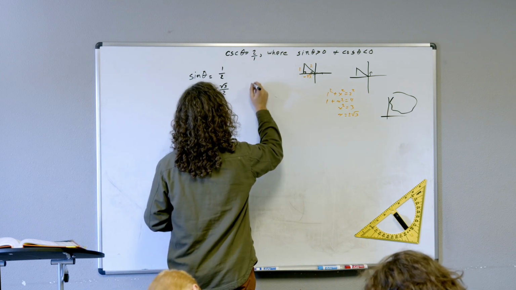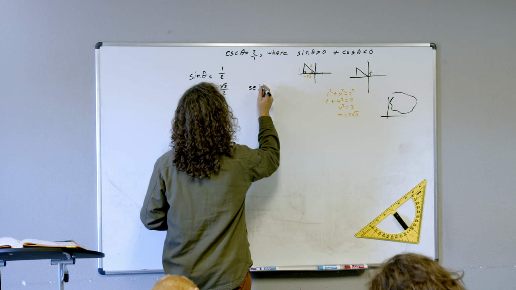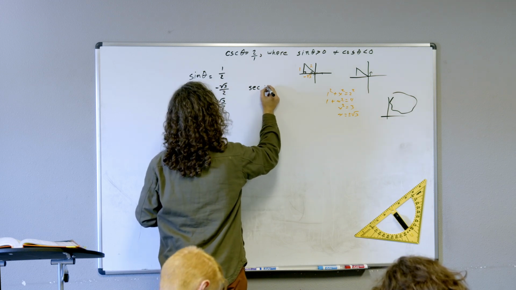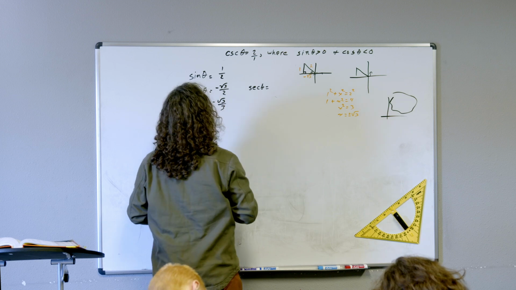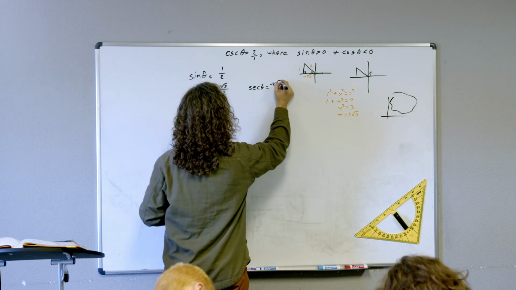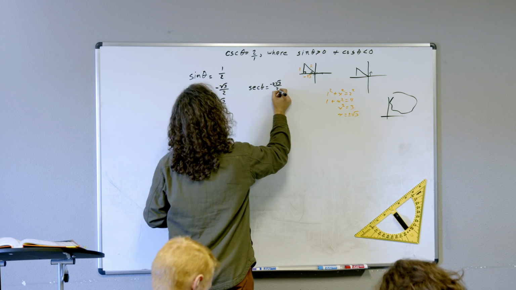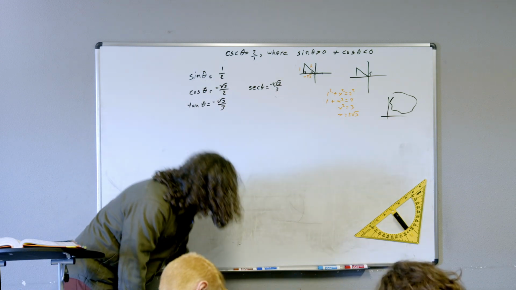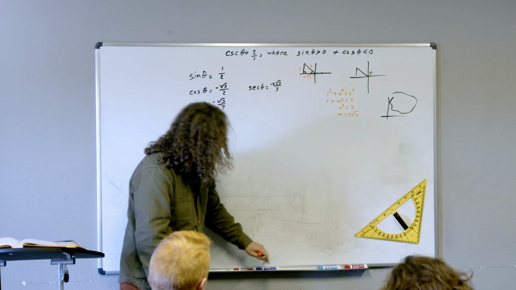And then we already have cosecant, so the secant, excuse me, is negative 2 times the square root of 3 over 3. Don't just write that down. Make sure you know where it comes from.